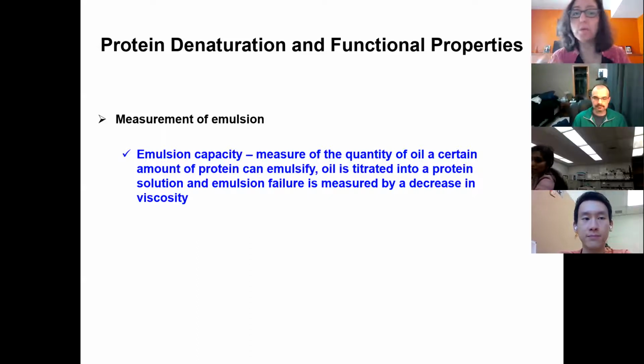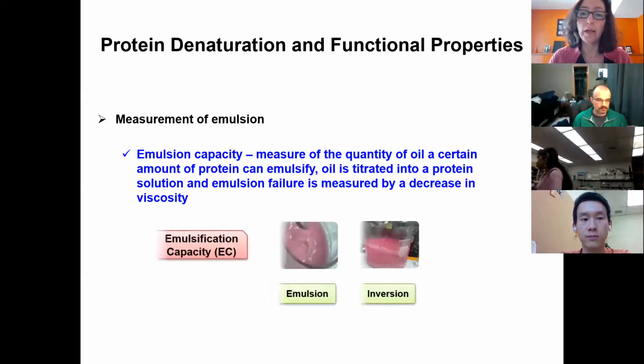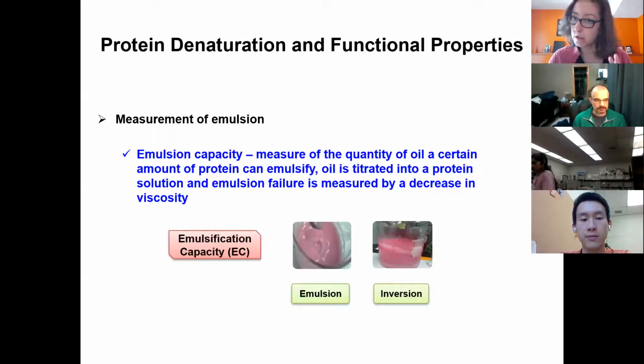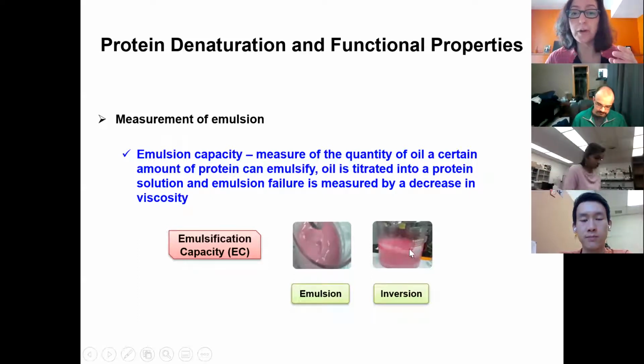So measurements. How we measure the emulsification capacity that I just talked about is basically, you form your aqueous solution of the protein, and then you titrate oil at a specific, constant rate, and you use a low-speed homogenizer to form the emulsion. And then you continue titrating until the emulsion breaks.